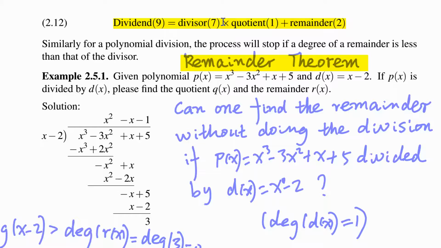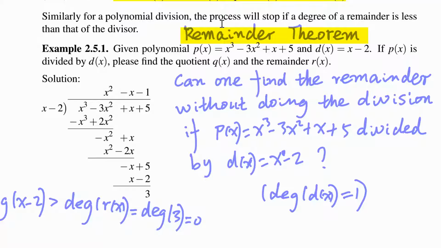For the polynomial, it is similar. You look at this polynomial x cubed minus 3x squared plus x plus 5, divided by d of x, which is x minus 2.